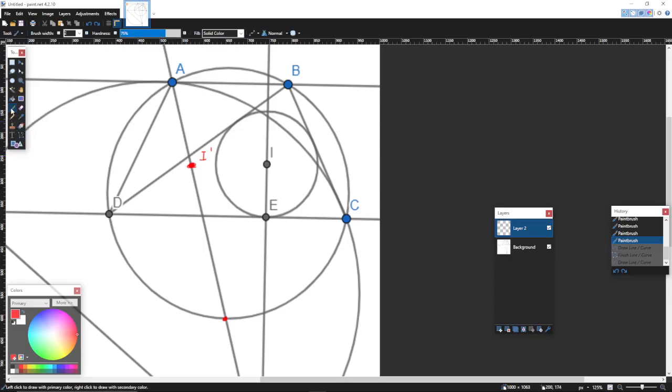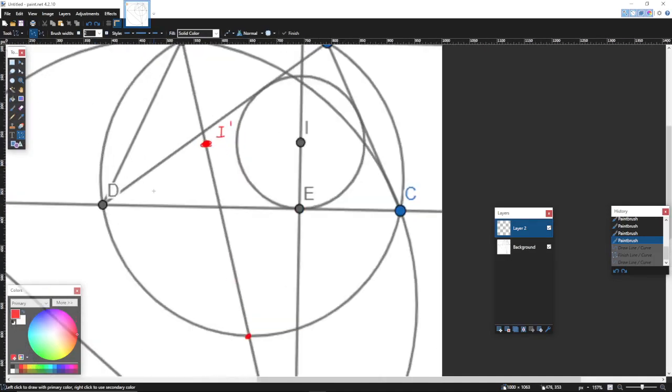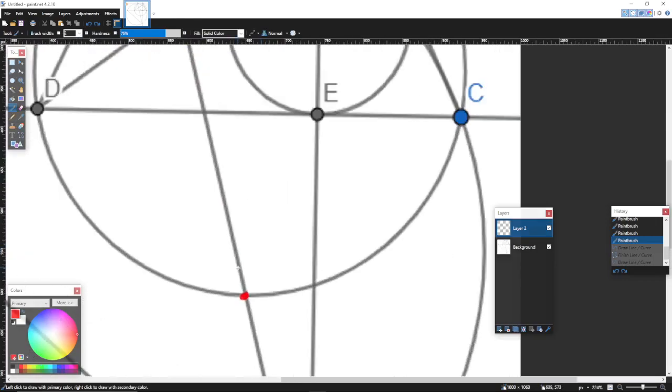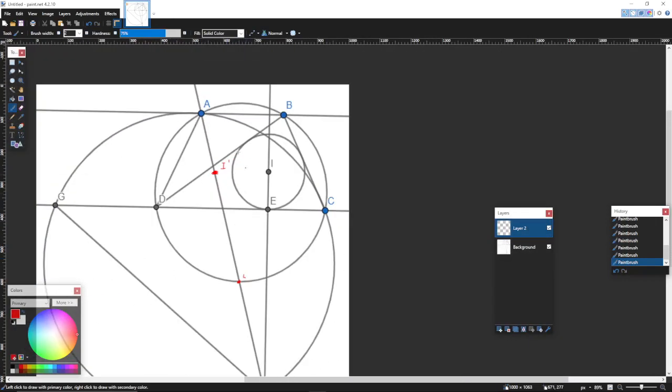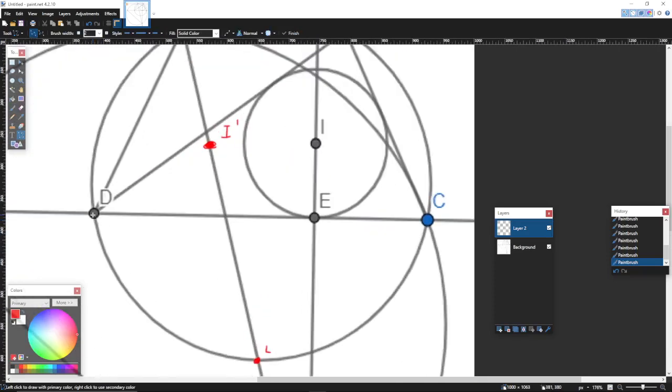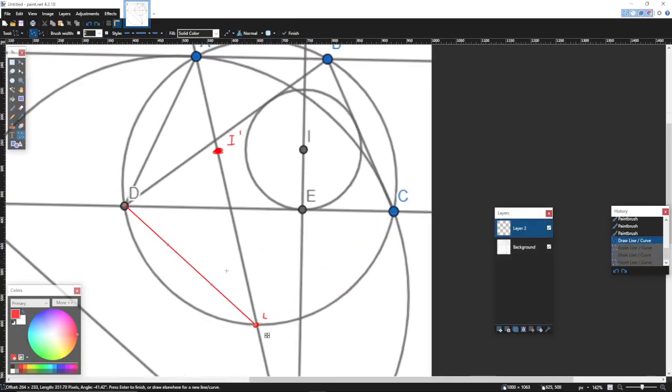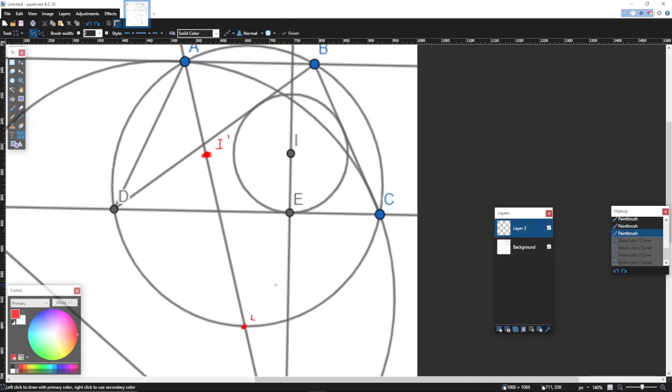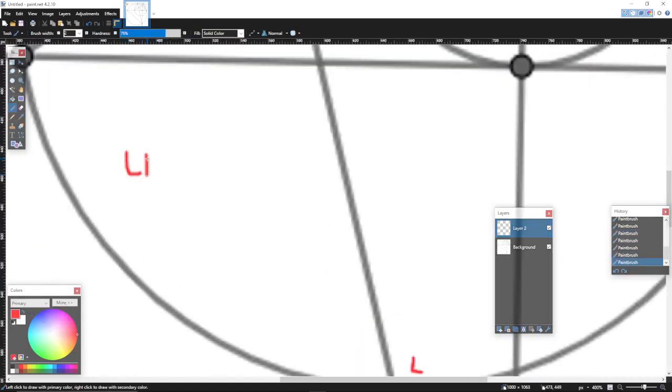And well, clearly, the very nice lemma is that if we call this point L, since it's the intersection of the angle bisector and the circumcircle, we know a few very nice things. LD equals LC equals LI prime, okay? So that's going to be a very nice result.